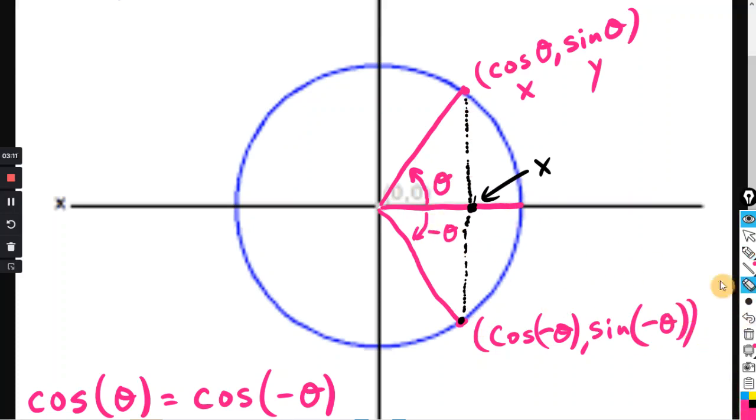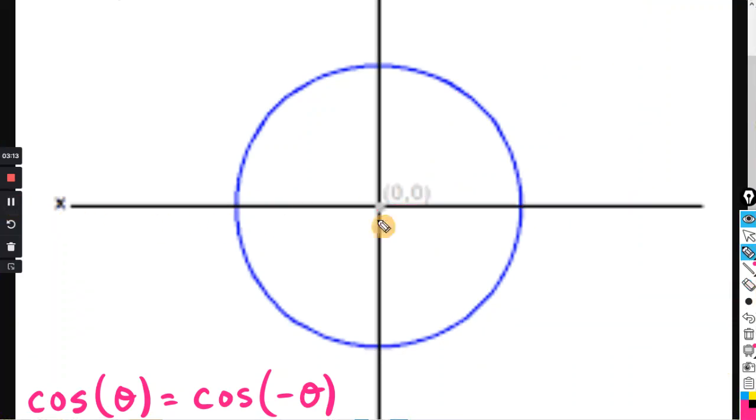If I can erase this part here, let's say I started here at the positive x-axis, okay, and I went around counterclockwise 1, 2, about 2.5 quadrants, and I stopped there. Okay, and that would be your angle theta.